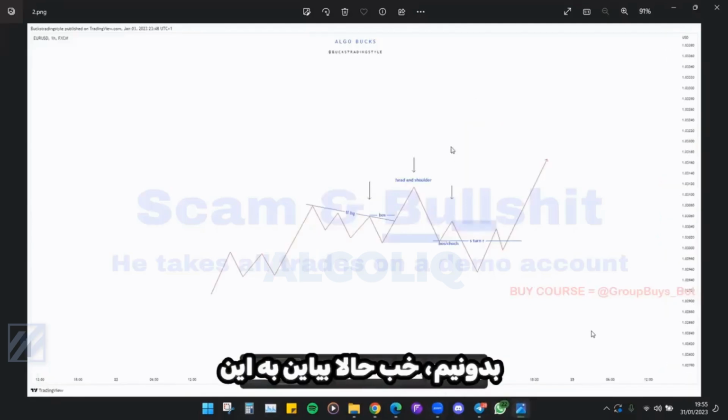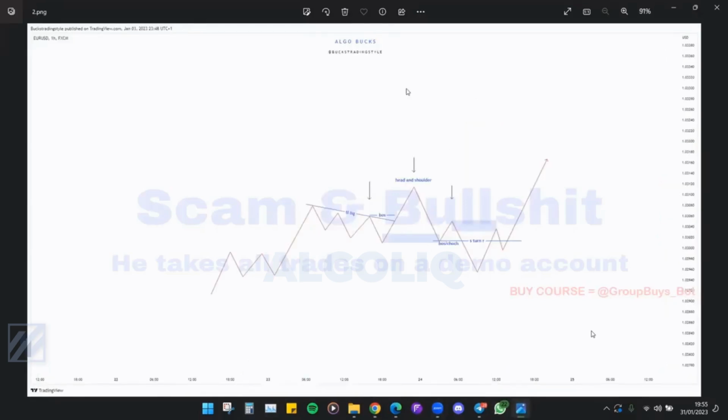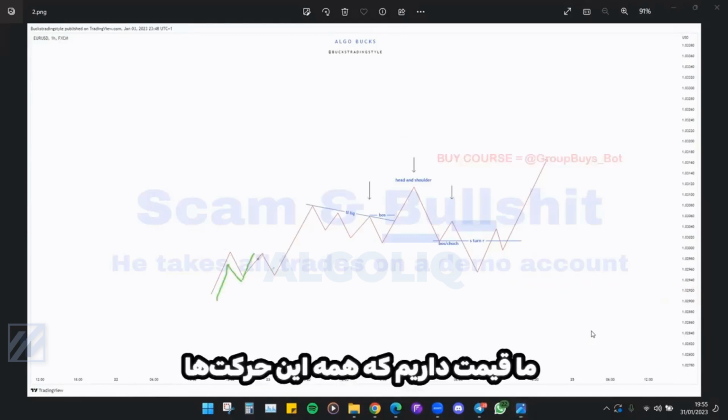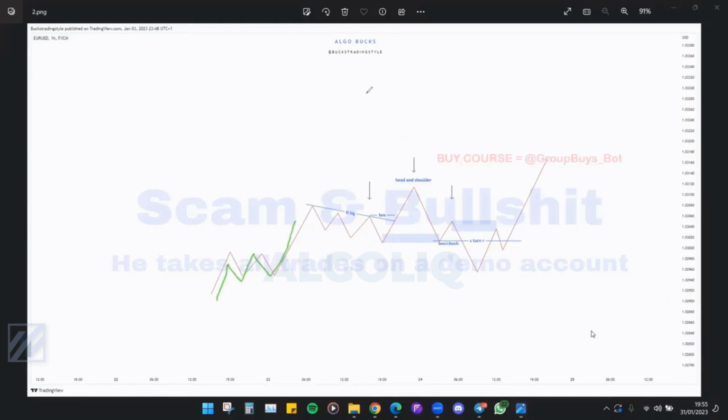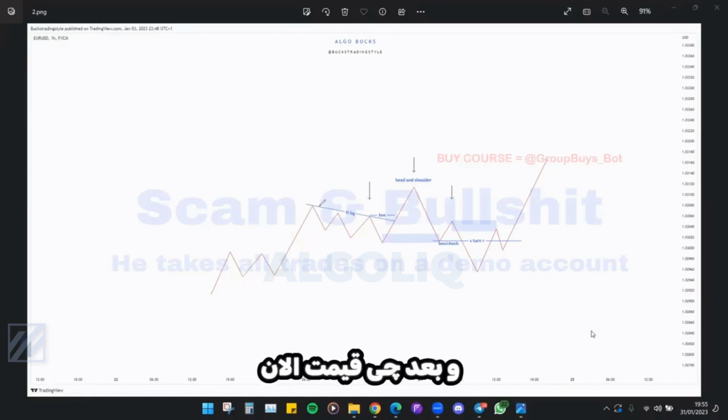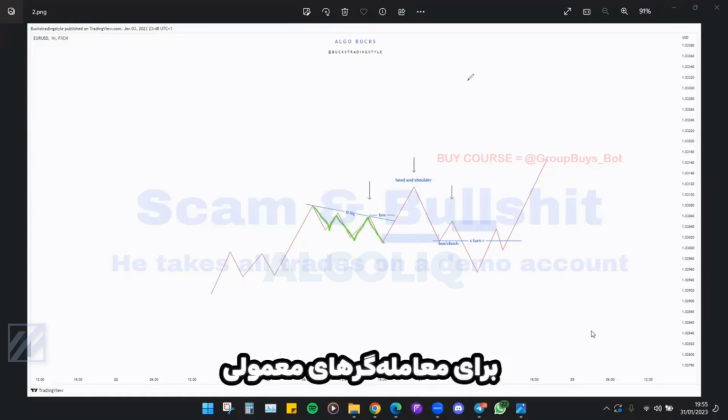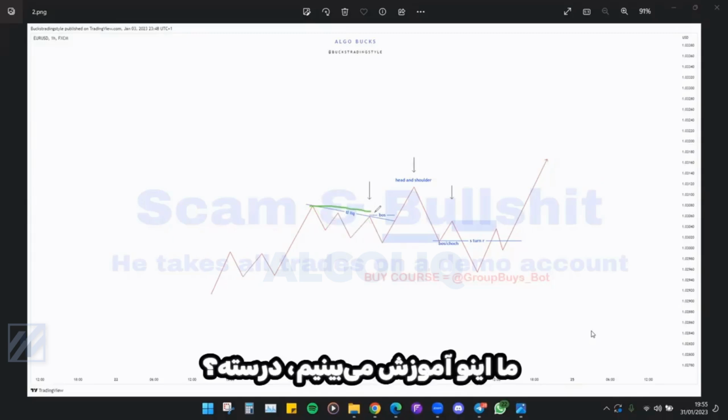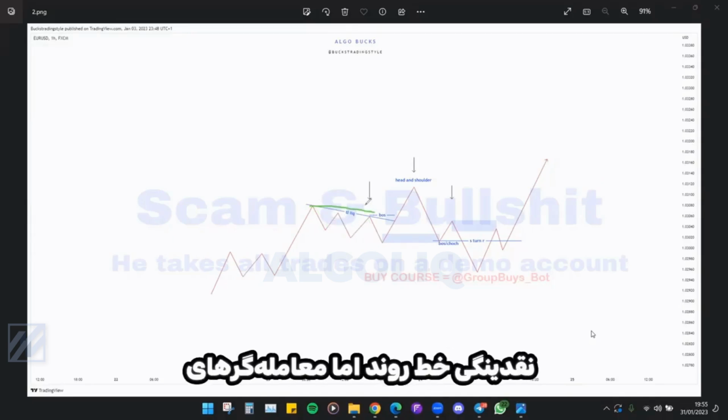So now, let's look at this right here. For this is what we had. We had price do all of this move to the upside, right? And then what did the price do? Price tightened this, right? Now, for normal traders, we see this as trend line liquidity.